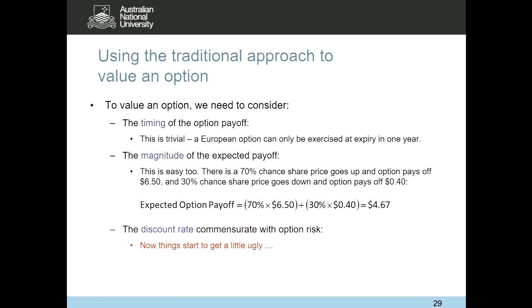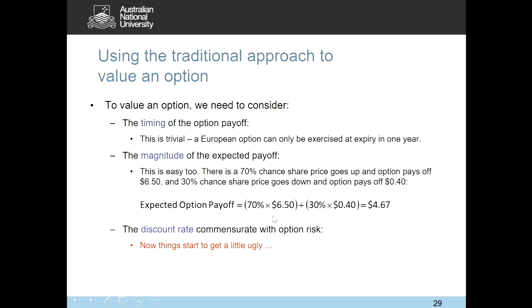Okay, so with the traditional approach, we need to know several things. The first is the timing. Timing is trivial because we're dealing with the European option here. So all of the cash flow will happen at the maturity date, right? So we know the exact point when the cash flow will take place. And also we know the magnitude of the expected payoff, right? So when the share price increases to $13.50, the option pays us $6.50. When the share price decreases to $7.40, the option makes a payoff of 40 cents.